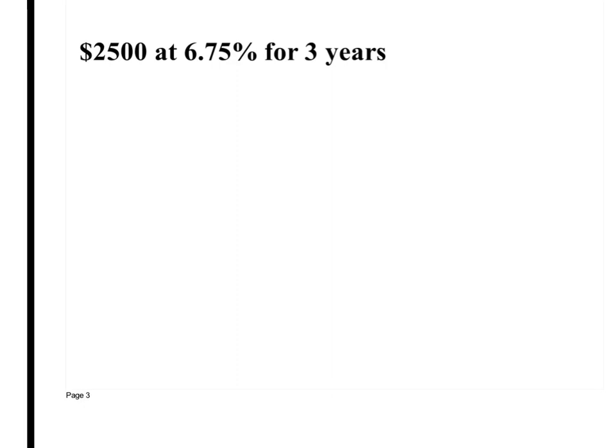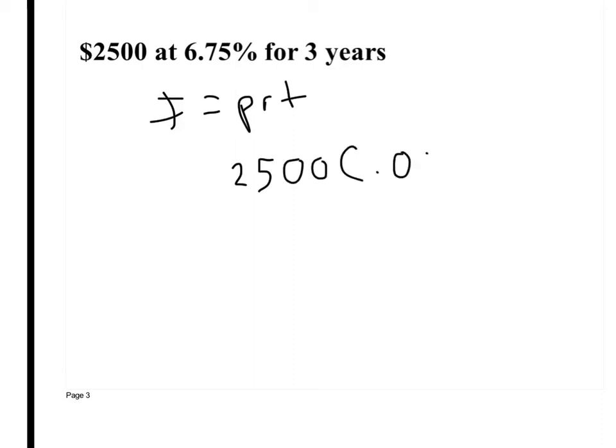Let's do one more. Write this down. $2,500 was borrowed at 6.75% for 3 years. So I use this. I equals PRT. 2,500 times 0.0675. We have to change my percent to a decimal. And then we times by how many years?